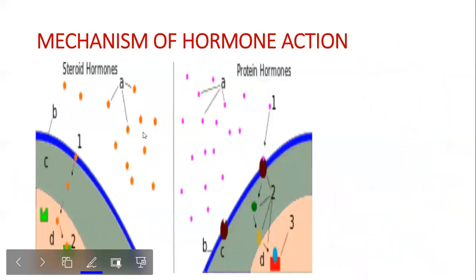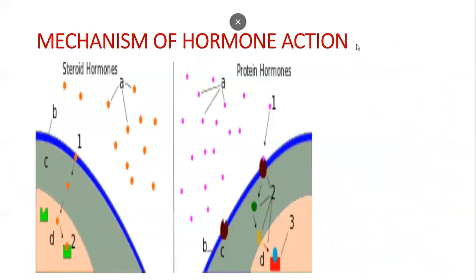Now coming to hormone actions. So these are the hormones and these are the receptors. The hormones usually produce their effects on the target tissue by binding to specific proteins.